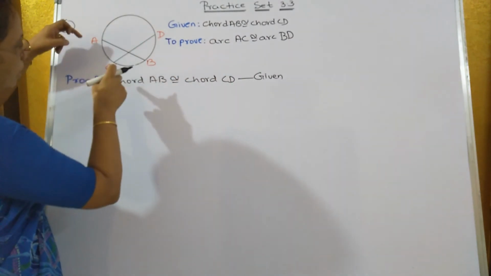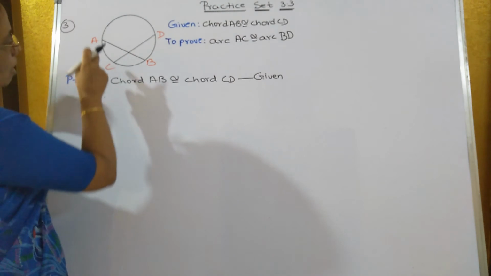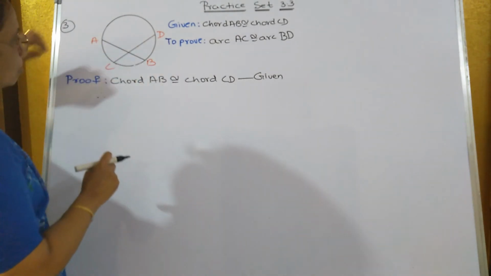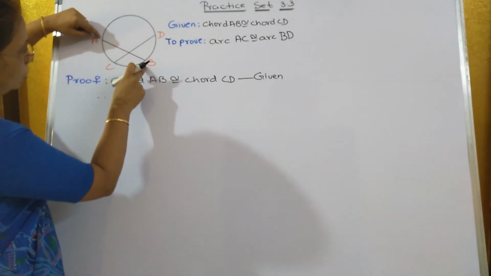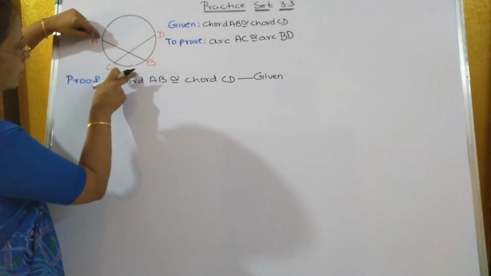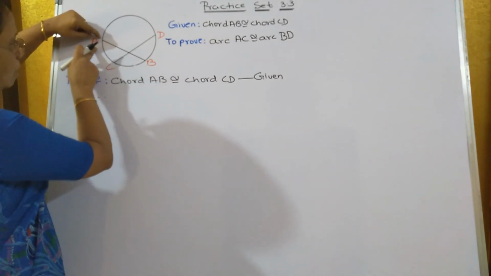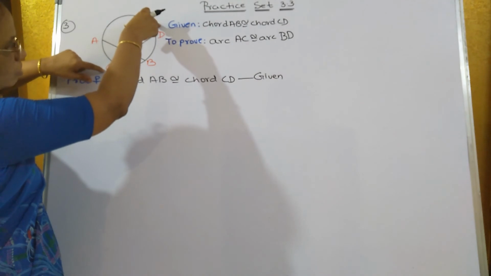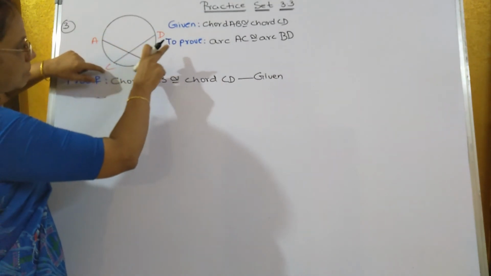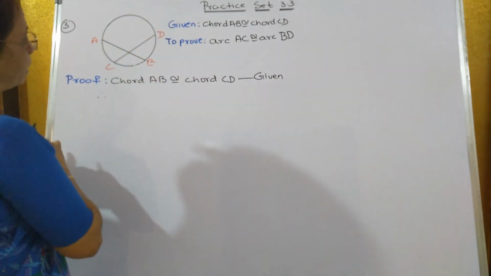So this arc and this arc will be equal. Why are this chord and this chord equal? If the chord is AB, which corresponding arc comes inside it? ACB. And if CD is the chord, which arc comes inside it? CBD. So these two will also be equal.